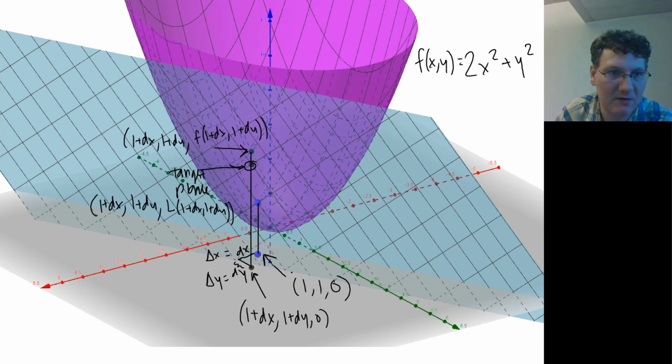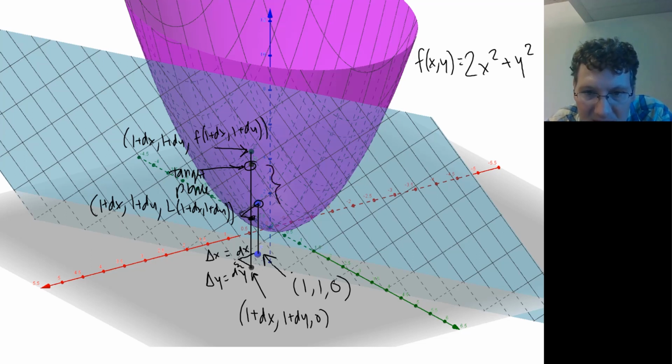Just to illustrate, if I take this distance and move out to approximately here, that's the same distance up as this point here. Now I'm looking at when we've moved x and y from the point (1, 1) to the point (1 plus dx, 1 plus dy). You can see there have been two changes.